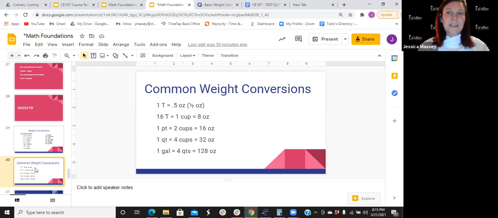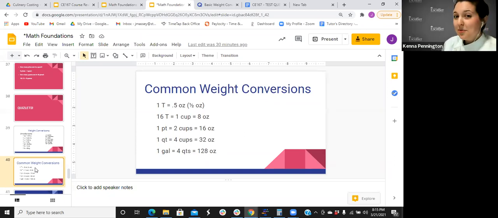Do we have any questions here? No, not really, but I just wanted to jump in and mention, remember that these are the weight conversions for your fluid measurements. So think of whole milk, whole fresh eggs, and water, or things that are a very similar consistency to water. So these will not apply to your dry goods.